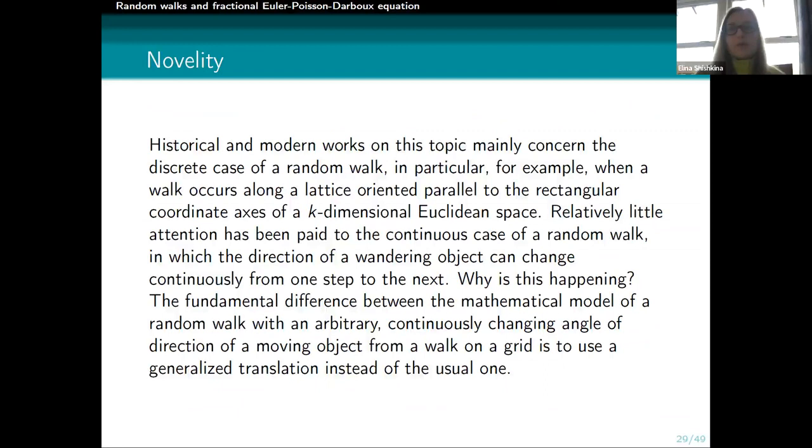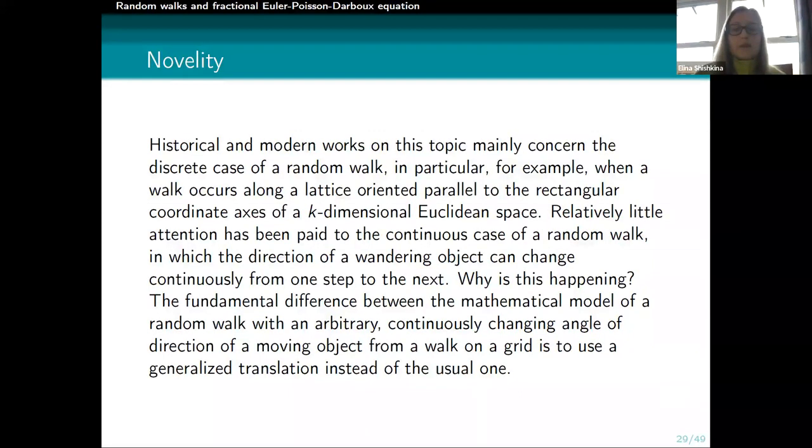What is new? Of course, all people who studied these random walks had a lot of results, but they probably didn't have a lot of instruments to deal with such models, and they considered only natural numbers, which appeared as the indices of the Bessel function, and they didn't notice that actually they deal with generalized translation.